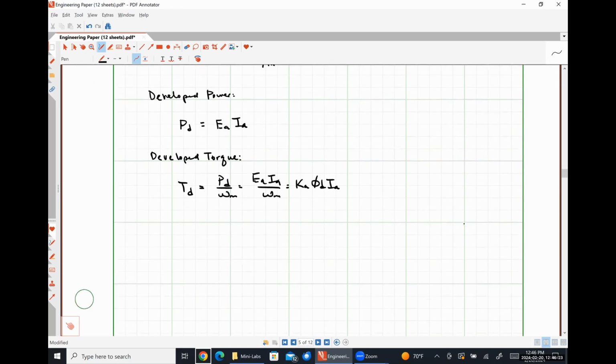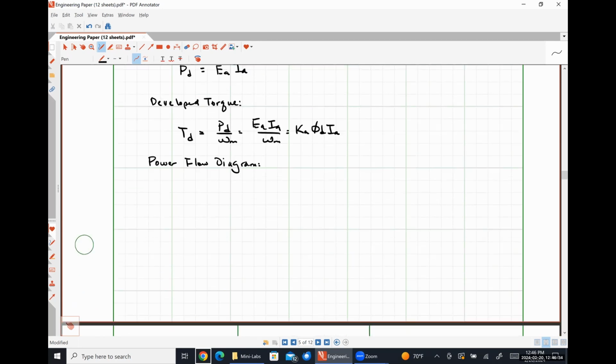And lastly, we can draw a quick and dirty power flow diagram. So over here on the left-hand side, we'll have our input, which is mechanical power, right? We are spinning our rotor and using this device as a generator.